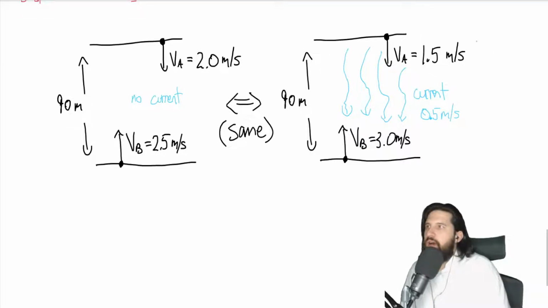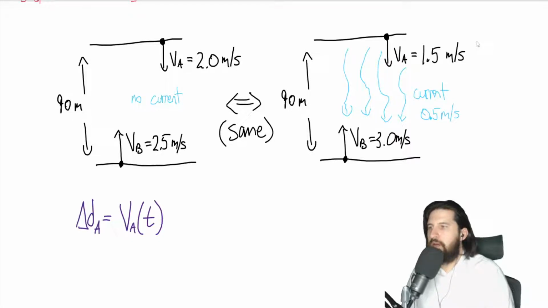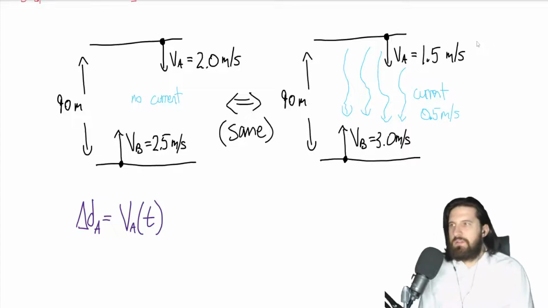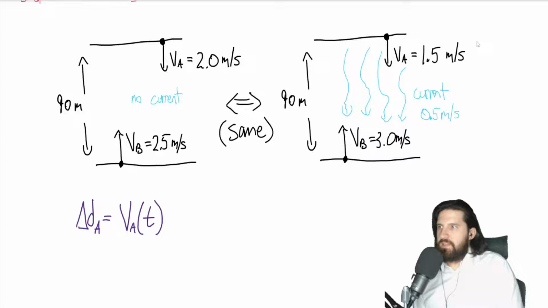So these two things are the exact same. Okay, so now we just have to sort of ask, what is the distance? So the distance for A is going to be velocity of A times the time that these two have been coming towards each other, right? And that's going to be kind of like this distance. Let's say they meet right here, right? That's delta dA.